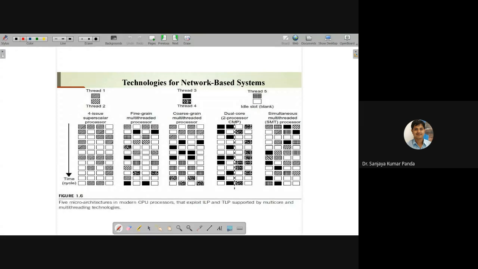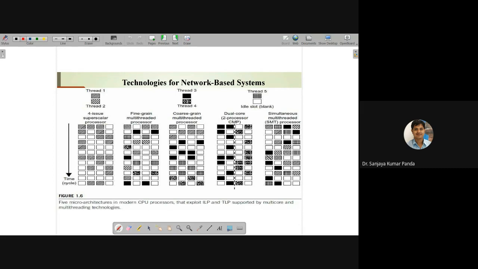Our computer systems vary with respect to their processors, and they exploit different types of parallelism. It may be instruction level parallelism, it may be task level parallelism. Moreover, nowadays we have multi-core architecture and multi-thread architecture. Overall, we can divide these micro architectures of computer systems into 5 types.